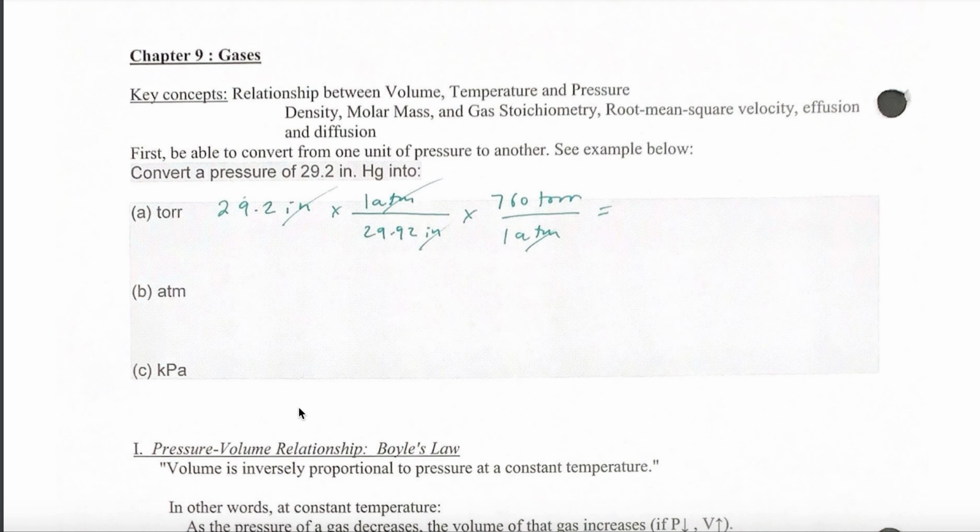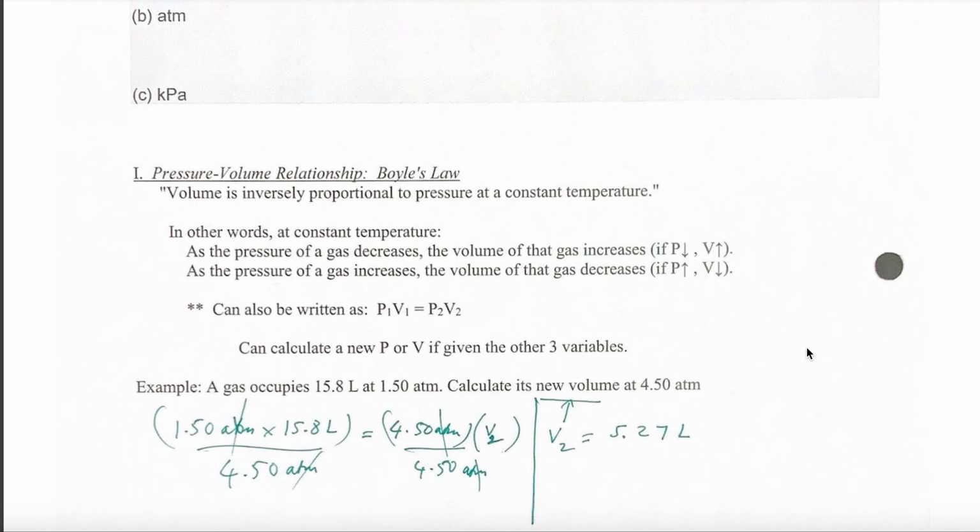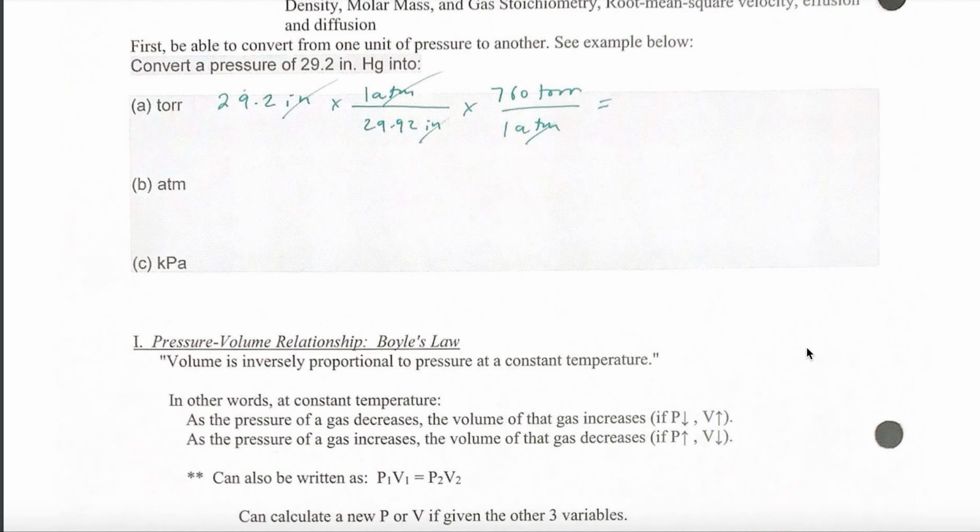And so if you do that correctly, you should get 98.9 kilopascal for part C. Everyone, 98.9 kilopascal. All right, let's move on, okay? All right, so that's unit conversion for pressure.